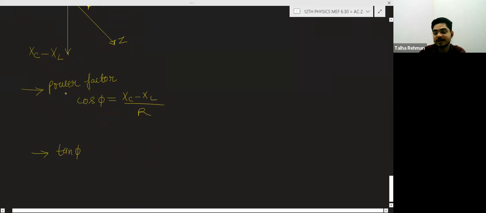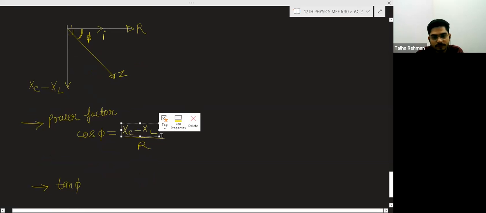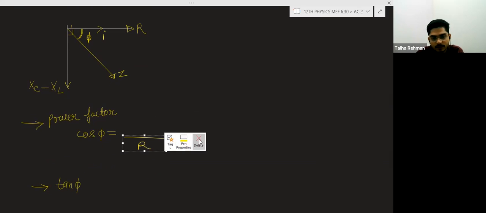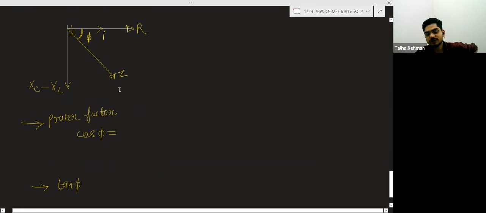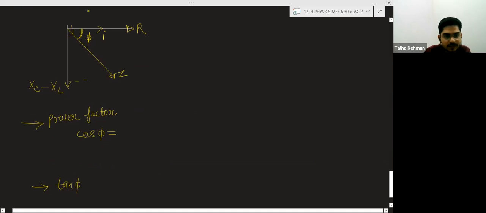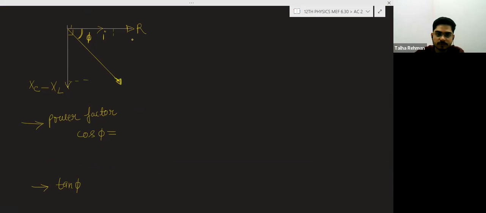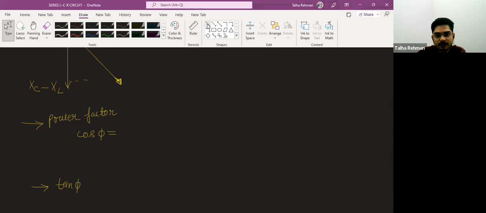Sorry, cos phi you will get. What is the meaning of cos? Cos is base by hypotenuse, na? If you complete this triangle, once again I am explaining.